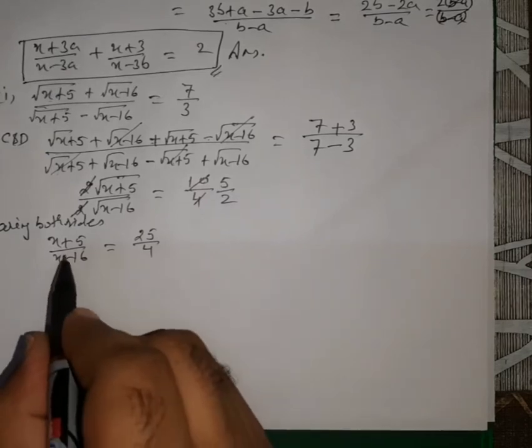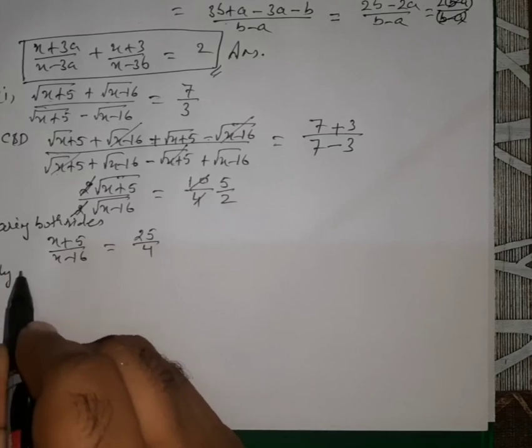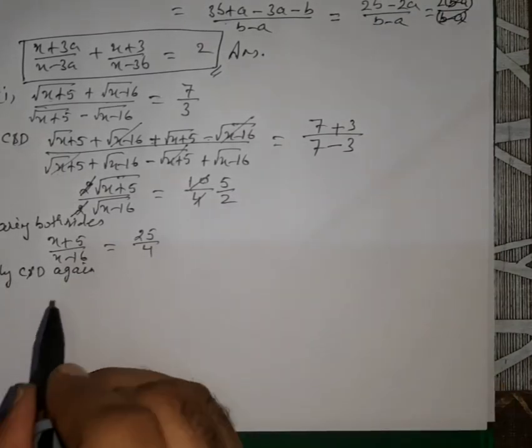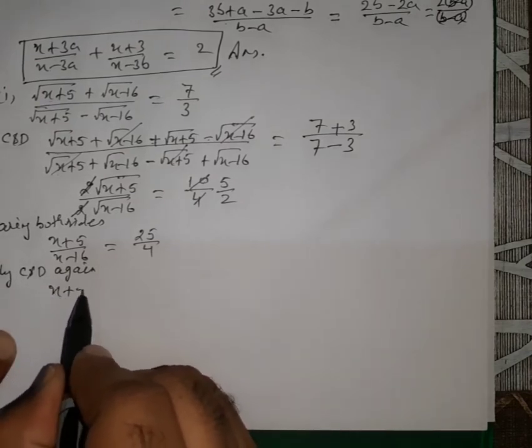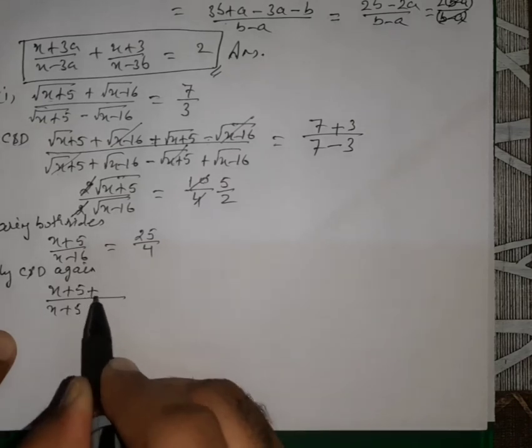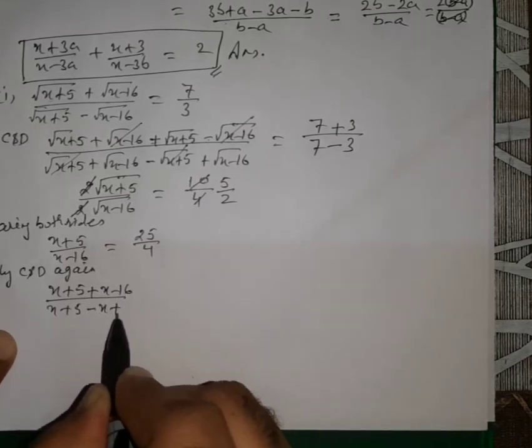Now I will apply componendo and dividendo once again. Now I will get, once again repeating the numerator first, (x + 5)/(x + 5), and the denominator will be added, so it will be x - 16 + x + 16.